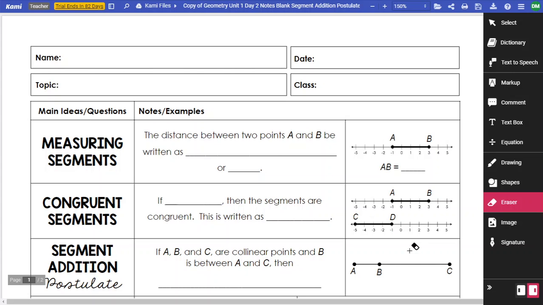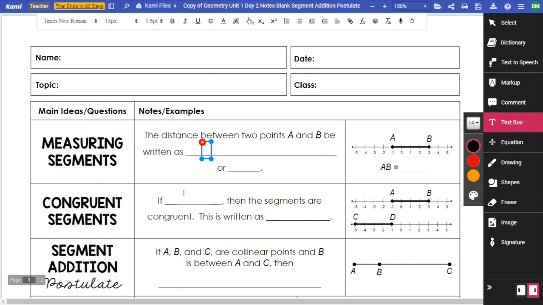First thing, we've got these points A and B here, and we've got a segment between them. The difference between a line and a segment is that a line goes on forever, and a segment does have endpoints. We've got a couple different ways to write this, though.